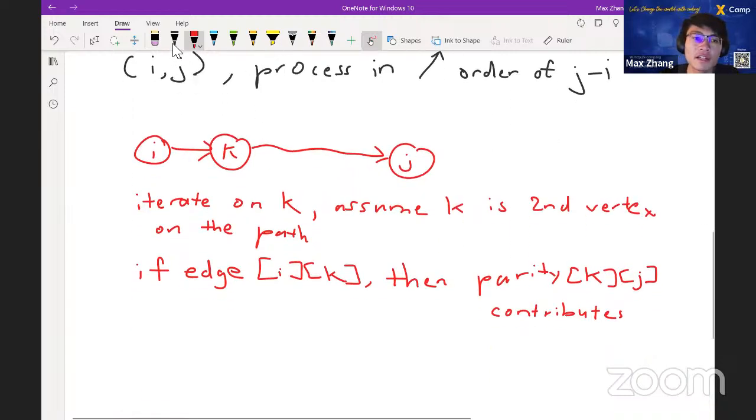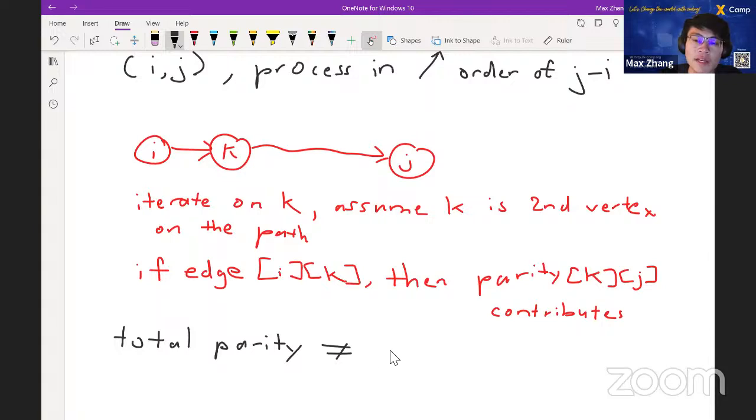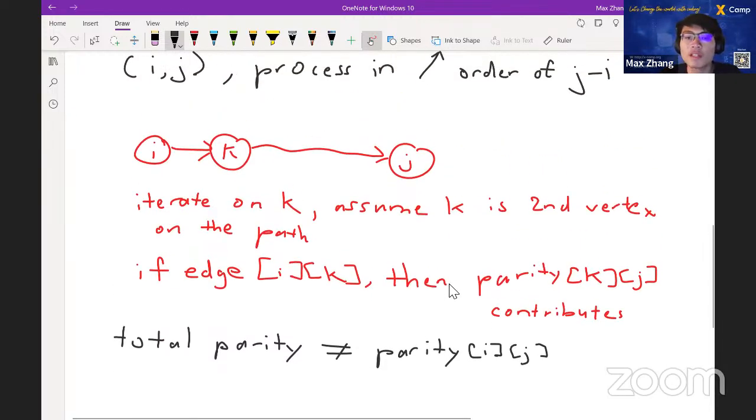And then at the end, if the total parity we end up with is not the same as the input matrix ij, that implies that there needs to be one more path. That implies that we also need a path from i to j directly without any intermediate vertices. So if this whole pair does not match, that implies that we also need an edge from i to j.